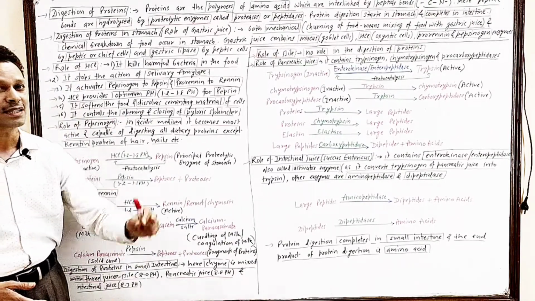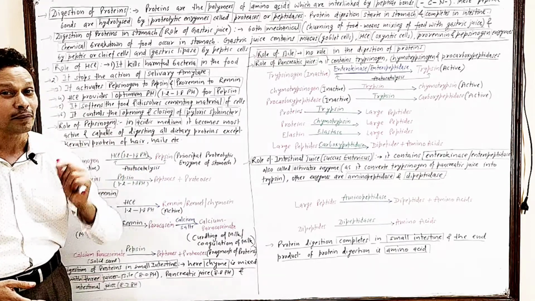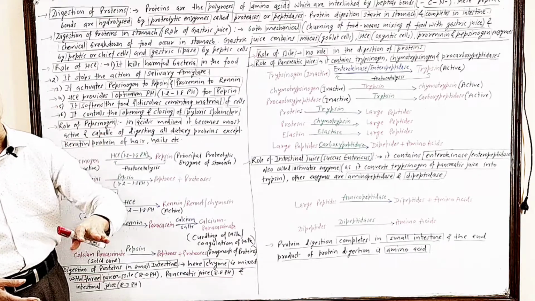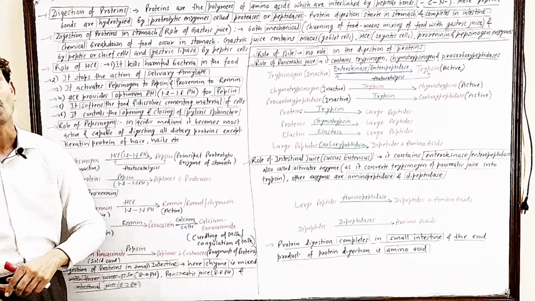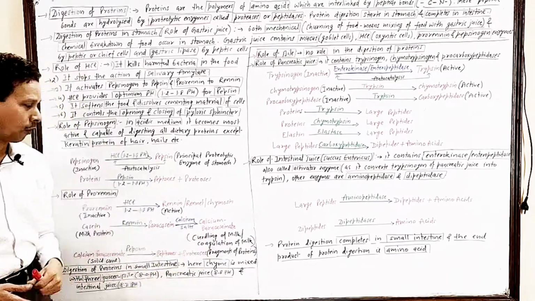Dear students, this is coagulation of milk. This is clotting of milk, not clotting of blood. Milk protein gets coagulated. This process, curdling, is very important.